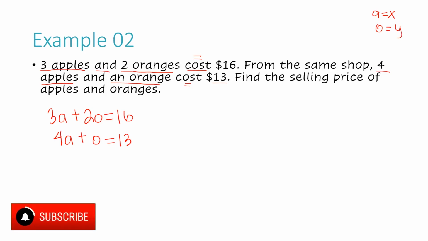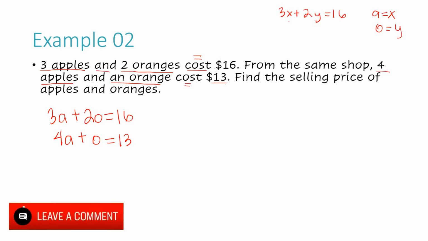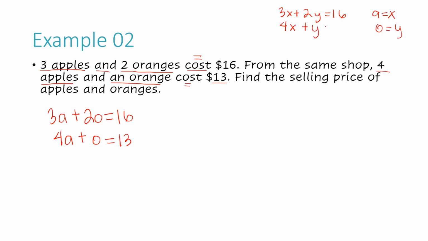So I'm going to rewrite this entire equation, but instead of an A and an O, I'm going to write an X and a Y. So I have 3X plus 2Y equals 16. And I have 4X plus Y equals 13. Isn't that amazing? We just took a real life scenario and turned it into an equation.